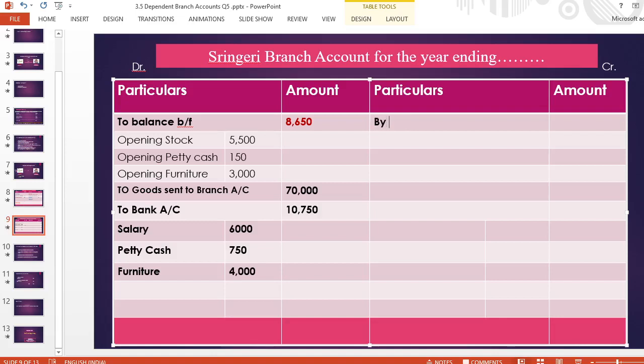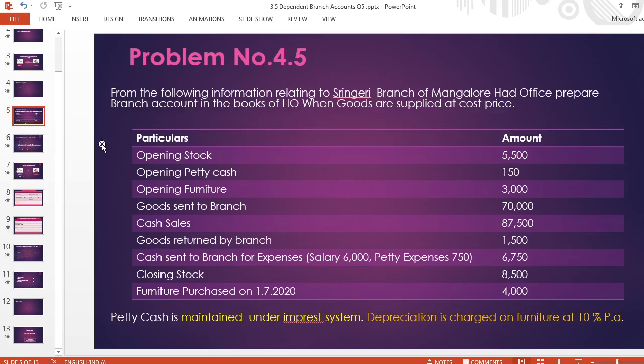After this entry, the next entry will be on the credit side: by cash or bank account for sales proceeds. Sales proceeds have to be remitted by the branch to the head office. The head office will receive the amount and the branch has to give the amount, so it is credited.